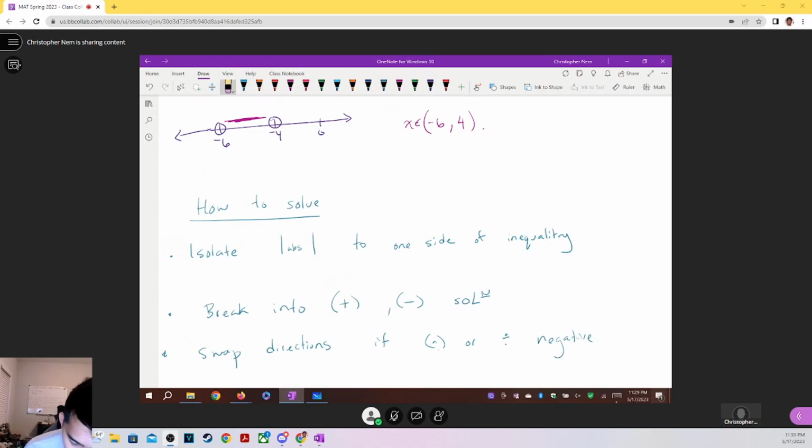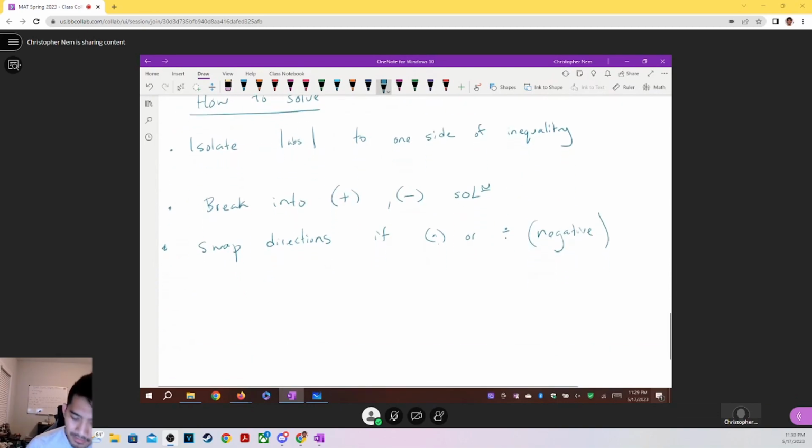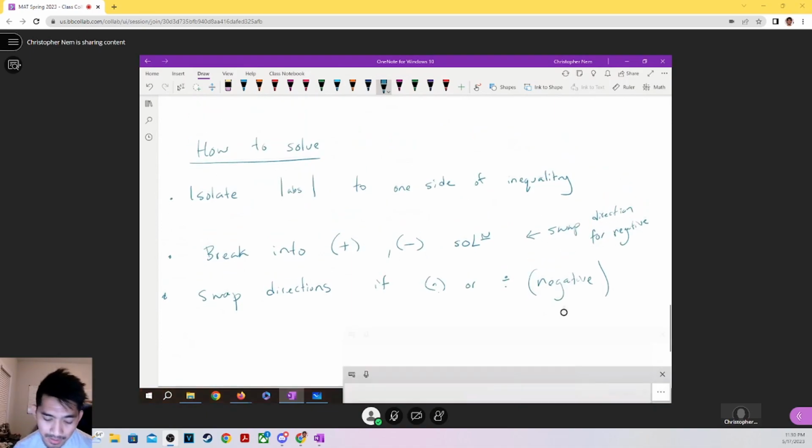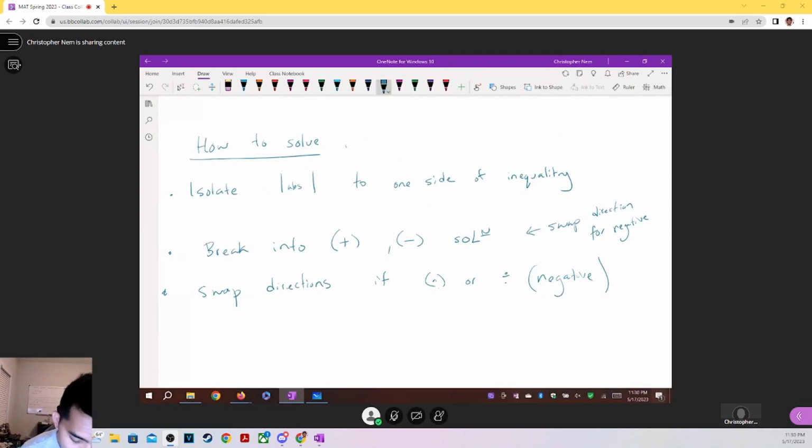All right. So these are the steps on how to solve an absolute value inequality.